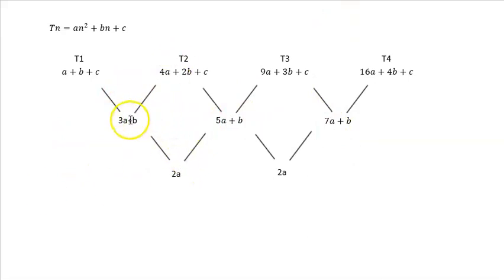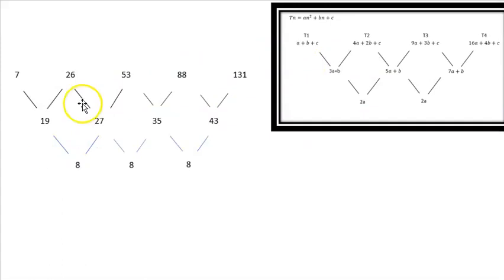So then at the bottom, we get the differences between those terms. So we get 5a plus b minus 3a plus b is 2a. And then we know that all of these bottom ones are going to be equal. So all of these terms at the bottom are going to be equal to 2a. Now that we have this big, we'll call it a mind map, so that you can see, now we can actually work out a methodology for how to do this.